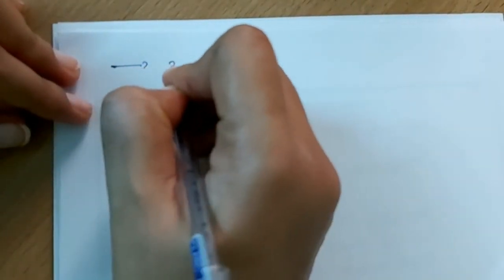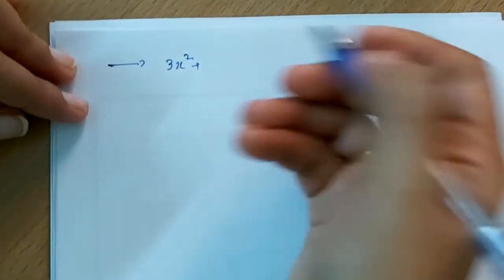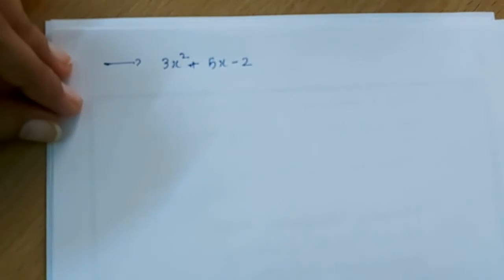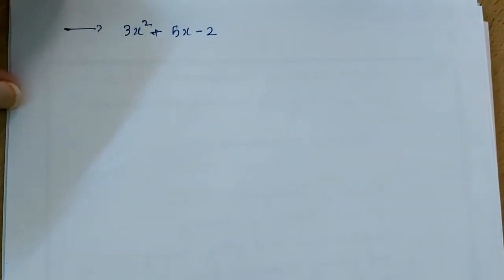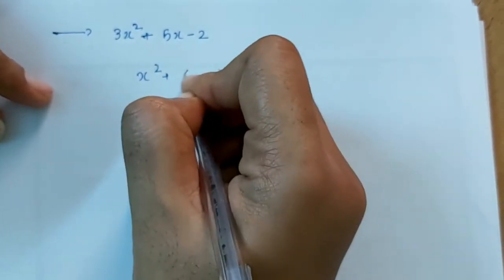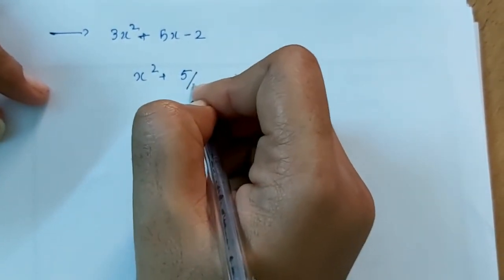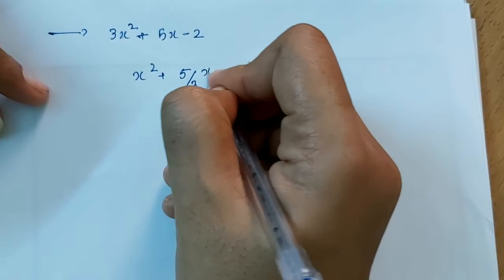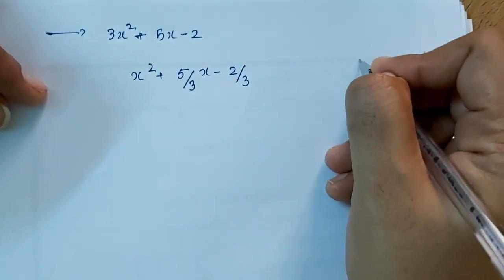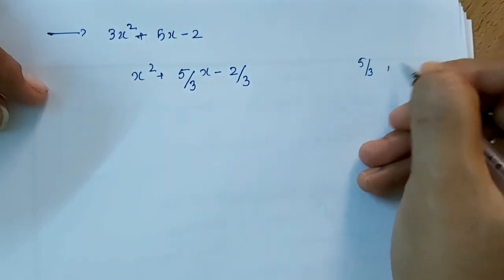Let's go to another example: 3x² + 5x − 2. We are rearranging the values as 3x² + (5/3)x − 2/3. Then the terms are 5/3 and −2/3.